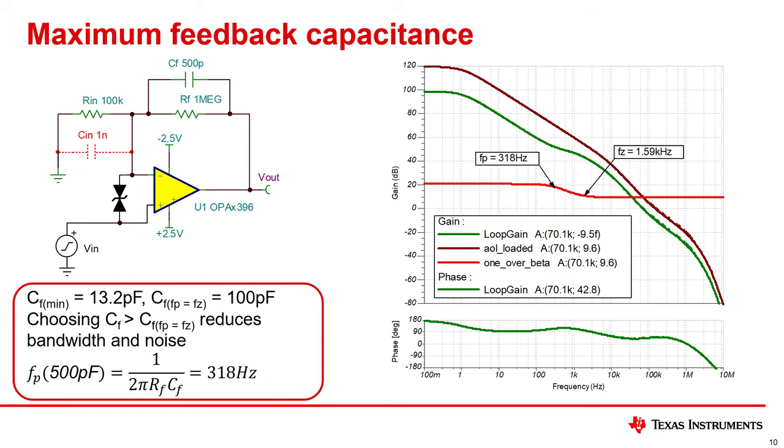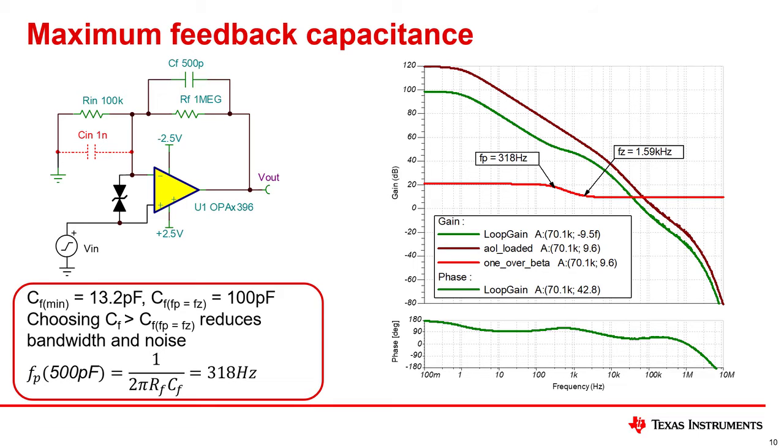To a point, increasing Cf will improve the robustness of the stability solution. However, for large feedback capacitors, the combination of the feedback capacitor and the input capacitor presents a capacitive load to the amplifier. In this example, the pole frequency is set below the zero frequency.